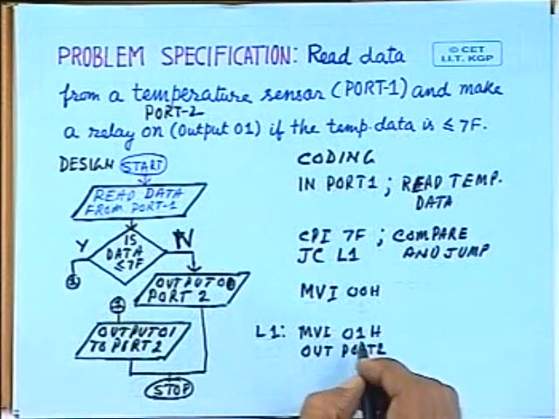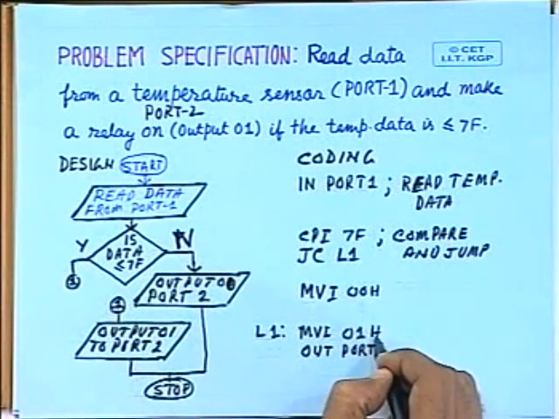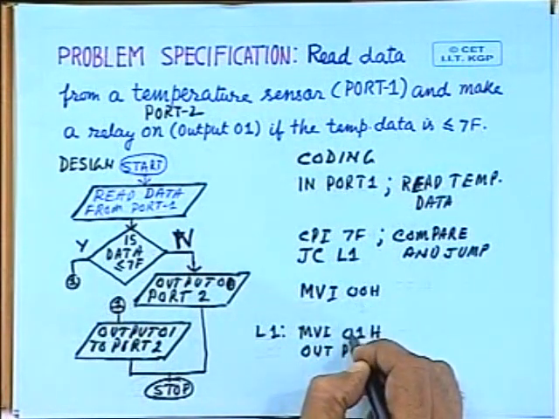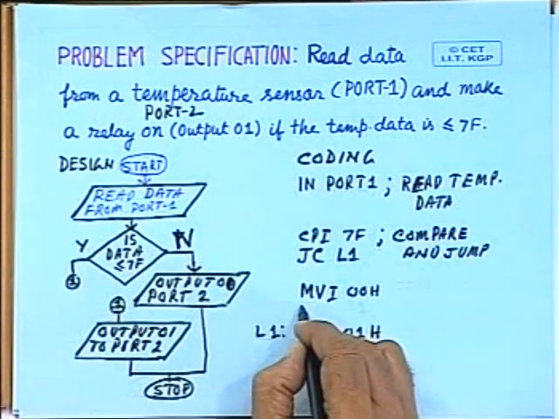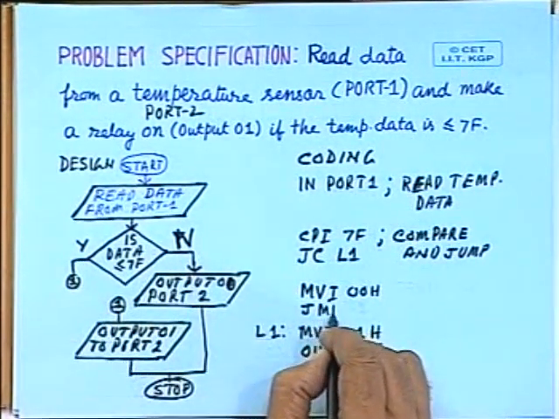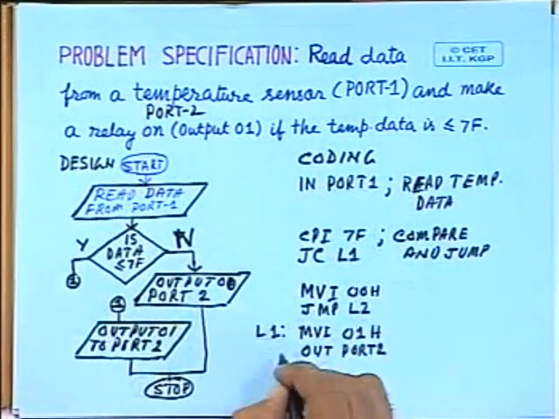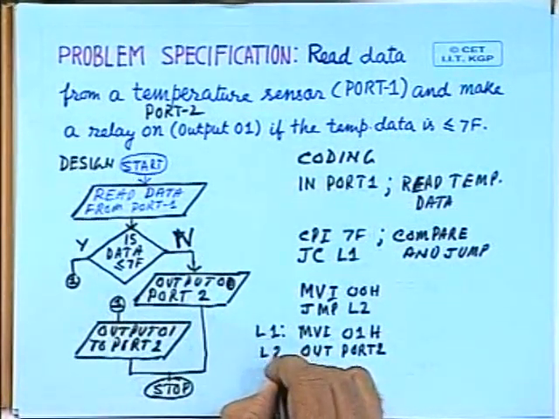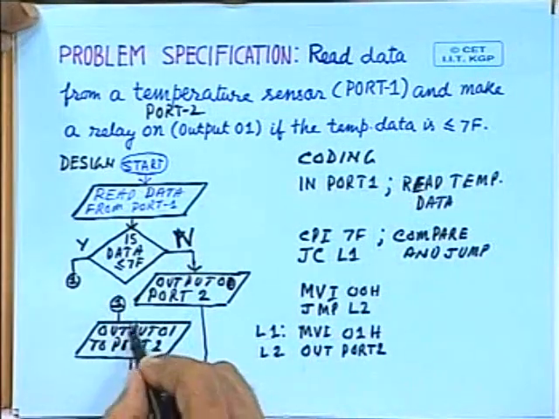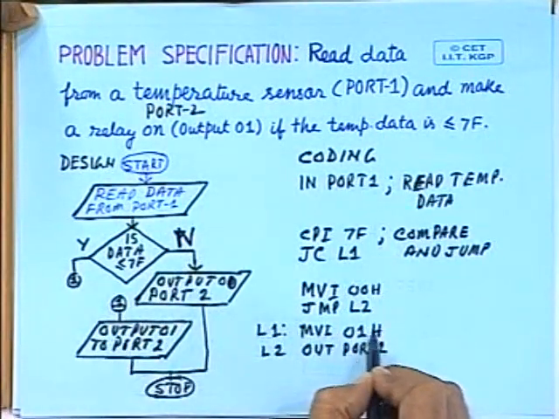What do you want? In both cases, either this data or that data has to be outputted. So here you have to put one instruction, an unconditional jump to L2. So here we put L2. This part is implemented with the help of this instruction.